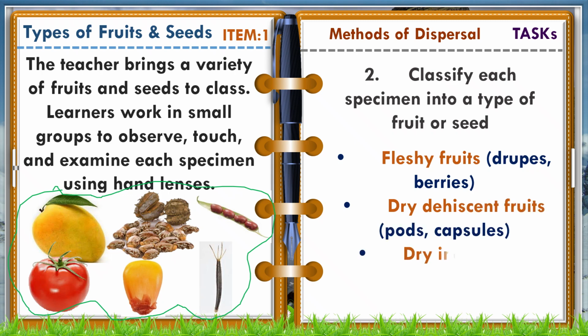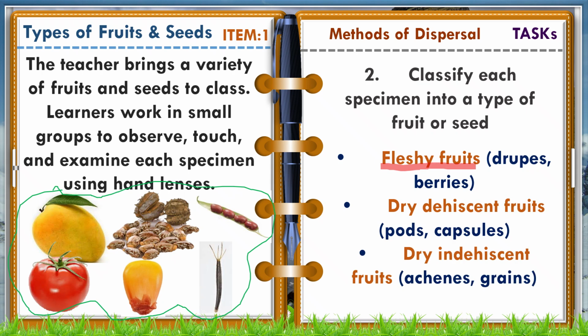We have the fleshy fruits. These include the drupes and the berry. This one here is a tomato. Tomato is a berry. And this one is a mango. A mango is a drupe.